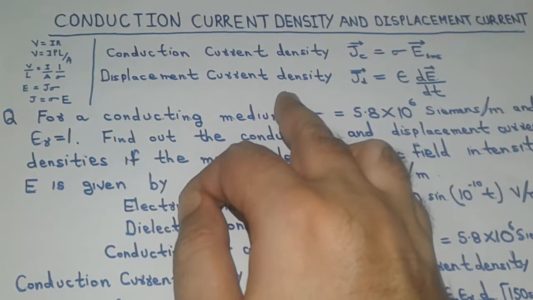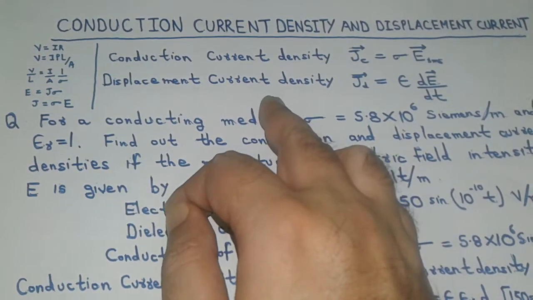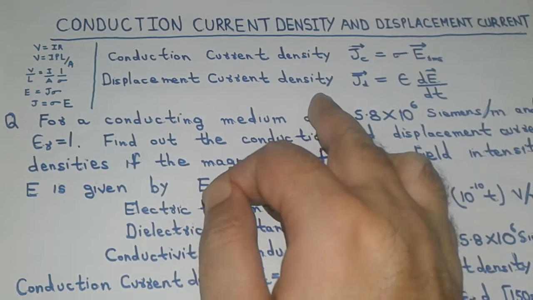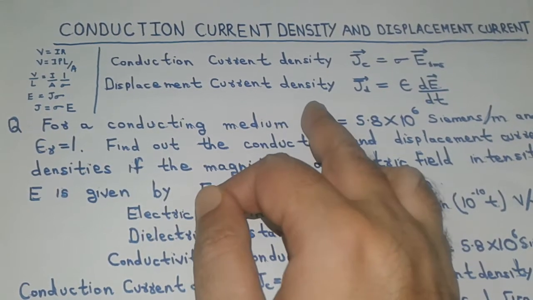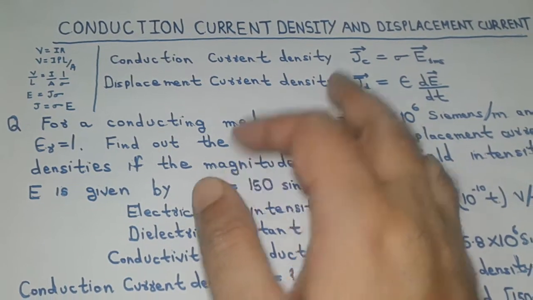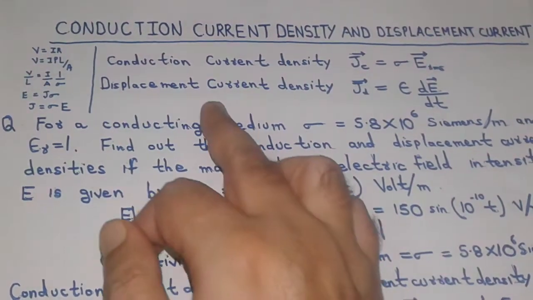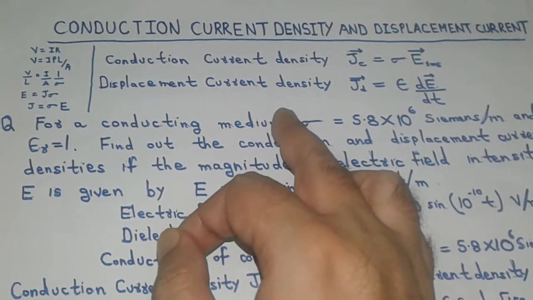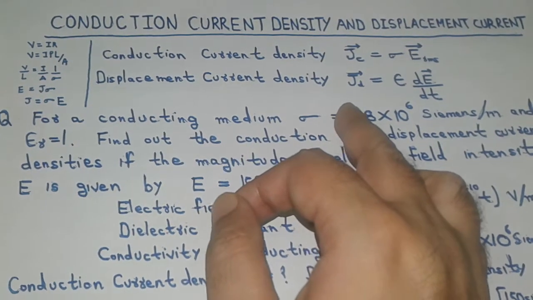Displacement current density in a conductor, dielectric or vacuum is the magnitude of displacement current flowing through the medium per unit cross-sectional area. Displacement current density in a medium is generated when it is subjected to a time-varying electric field.